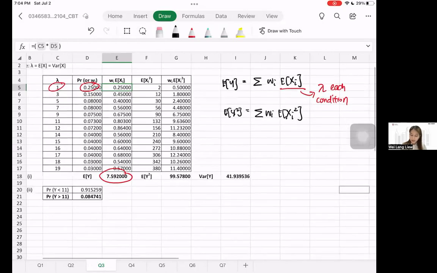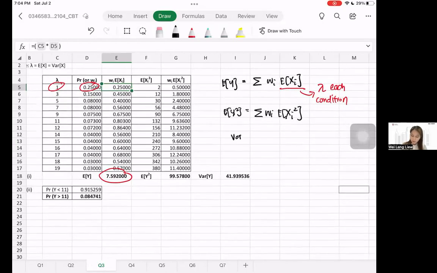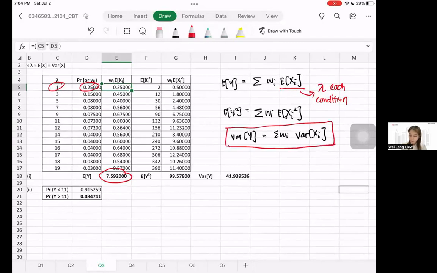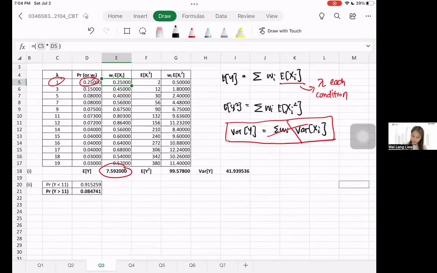Do note, why can't we directly calculate the individual variances of each lambda and just sum them up together? You cannot apply this formula in this context. It is wrong. So instead, we will have to calculate it in this way.